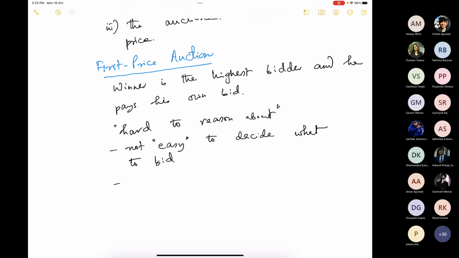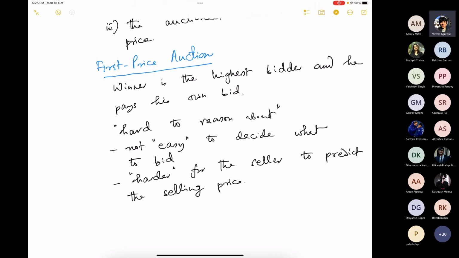So it is even harder for the seller to predict the selling price, that means at what price eventually the item will be sold.